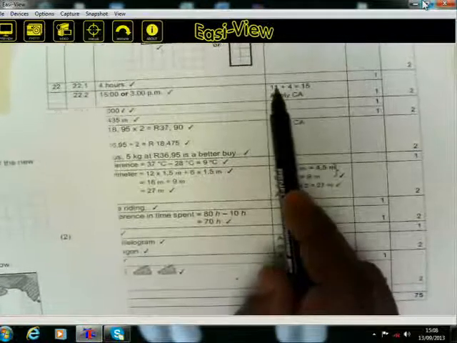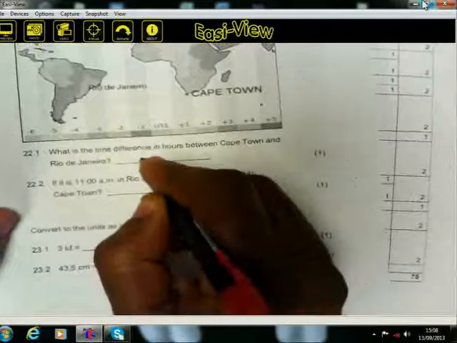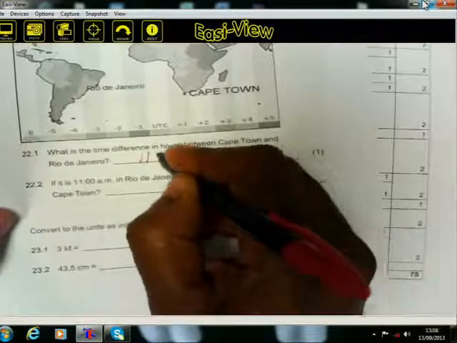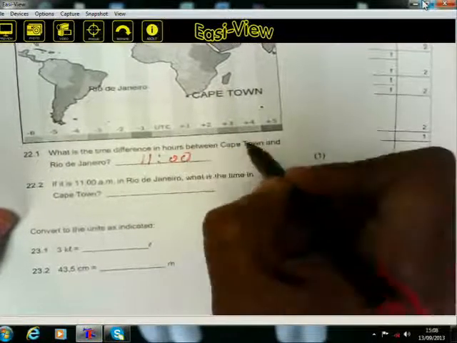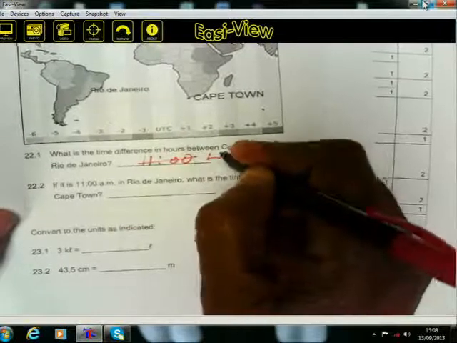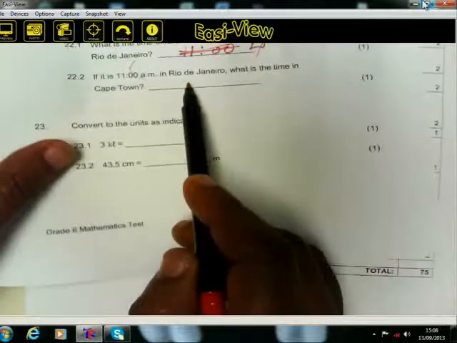How do you apply CA? Just look at the clarification there. And the map here, I want us to look at. They said it is 11. No, what is the difference in hours? Okay, it's 4. And then plus 11, you are given 11 here.